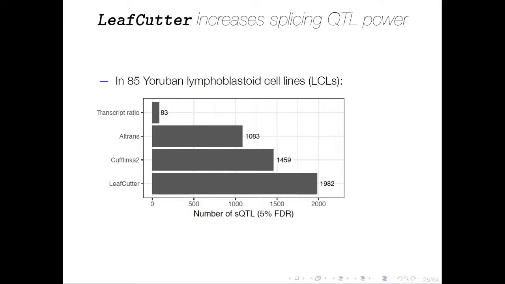We've looked more broadly at the ability of leafcutter to map these splicing QTLs, and we find that we're able to detect considerably more of these associations between genotype and splicing outcome than alternative methods.